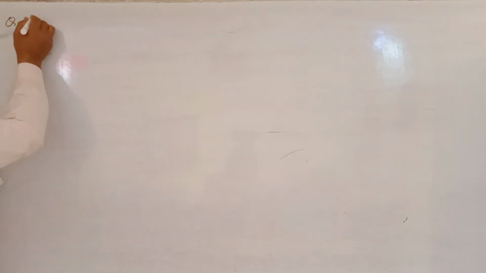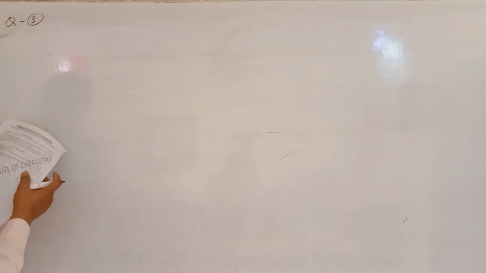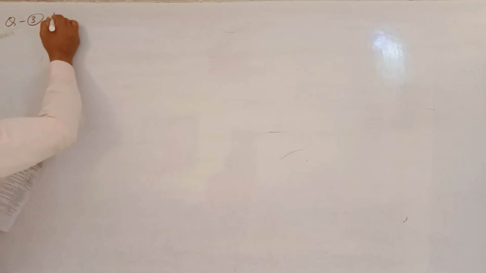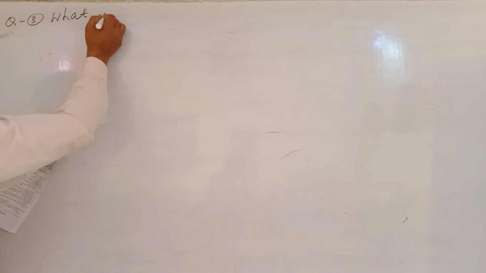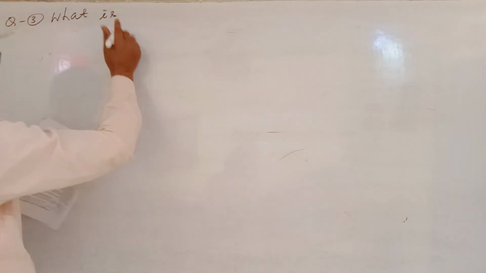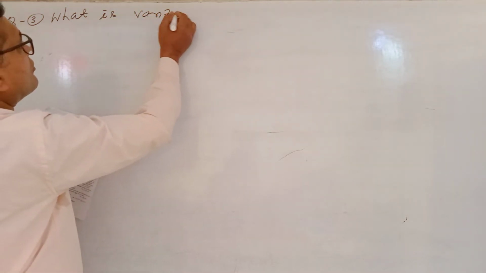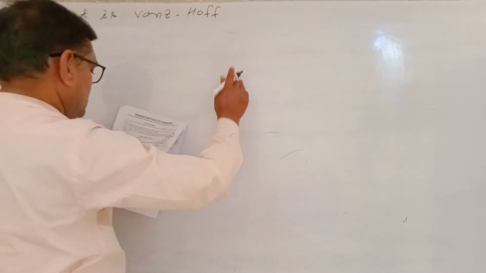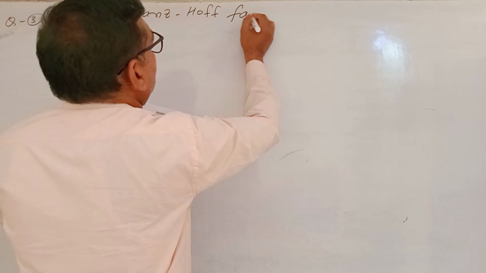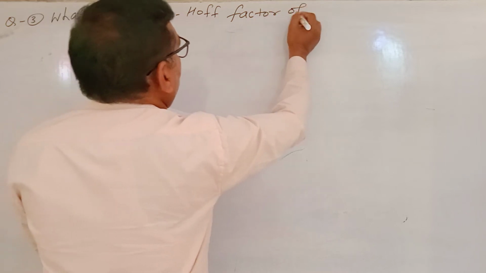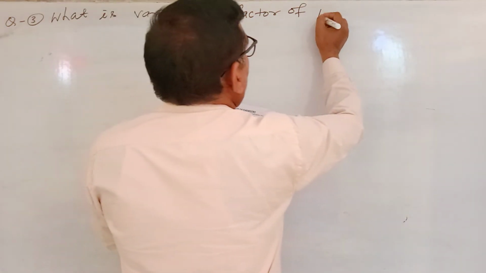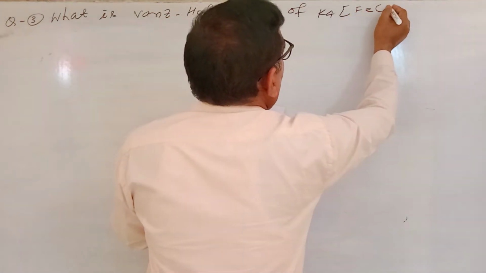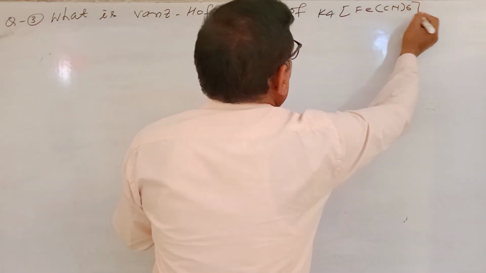Question 3 is, what is van't Hoff factor of K4Fe(CN)6?